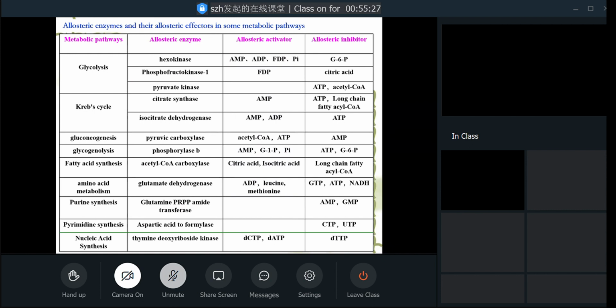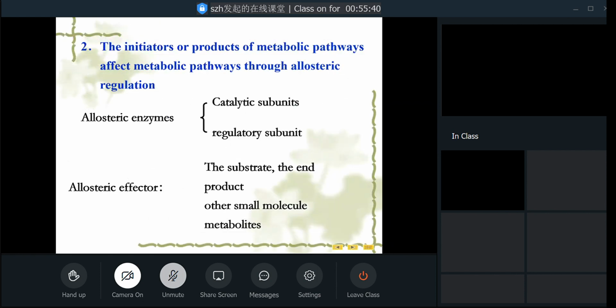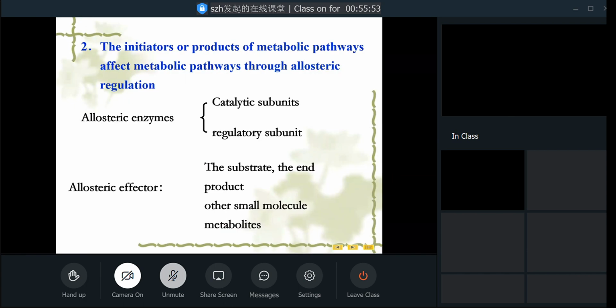All of this is listed here. I give you two or three days to read this part. Another one: all products of the metabolic pathway affect the metabolic pathway through allosteric regulation.